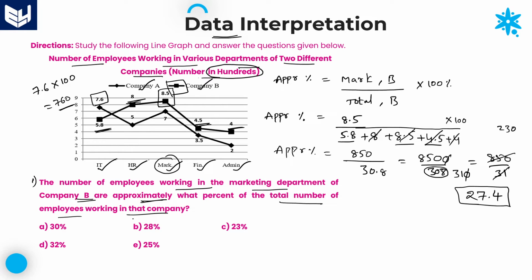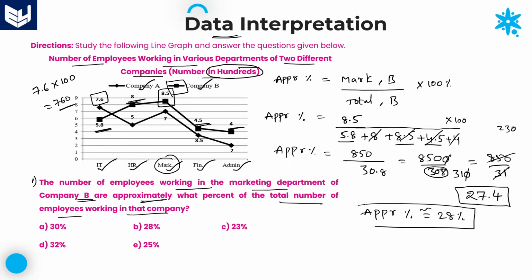So among the options, the value closest to 27.4 is 28. Therefore, the required approximate percentage is approximately 28 percent.